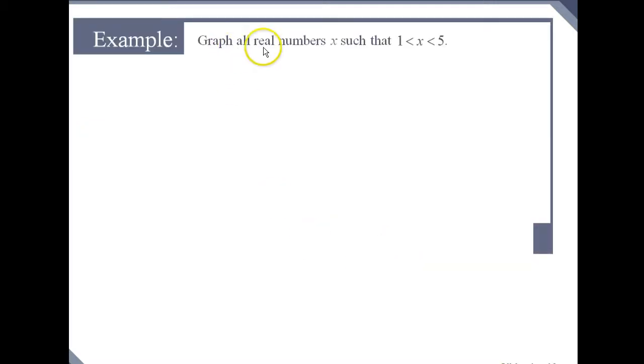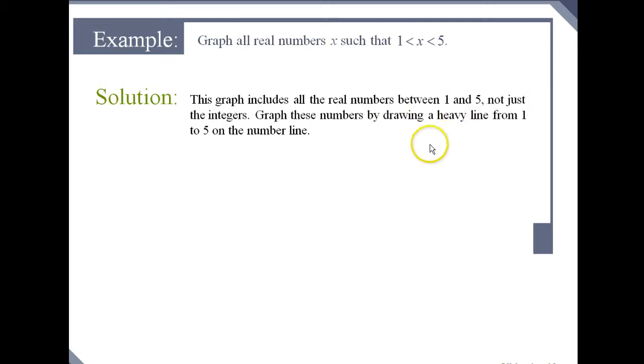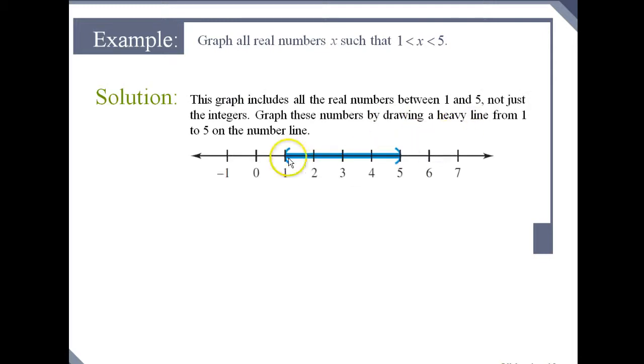So here we want to graph all real numbers of x such that x is greater than 1 but less than 5. How do we do that? Well, if we make a number line, since this is only an inequality sign and it does not equal, we use a parenthesis.